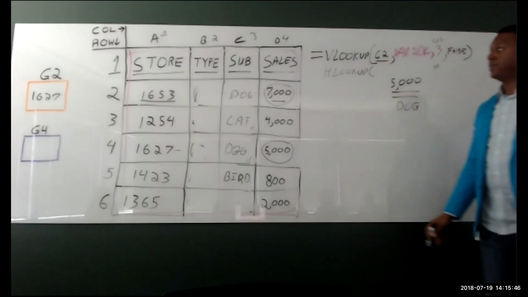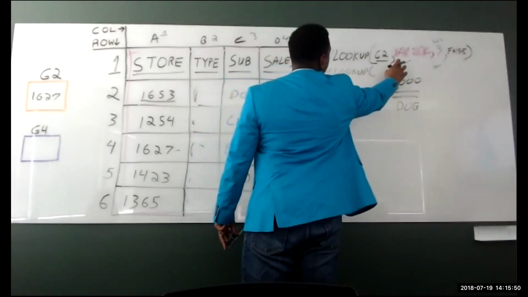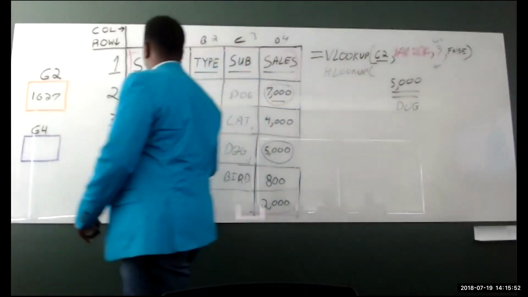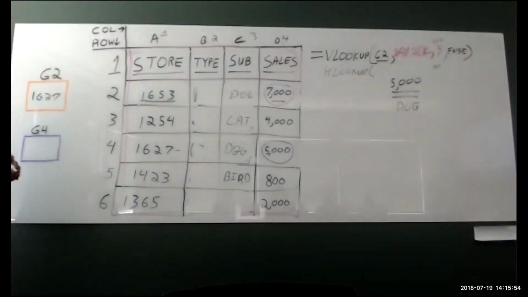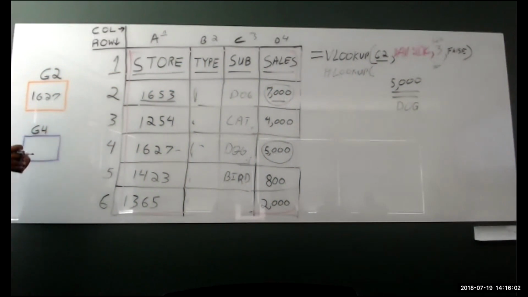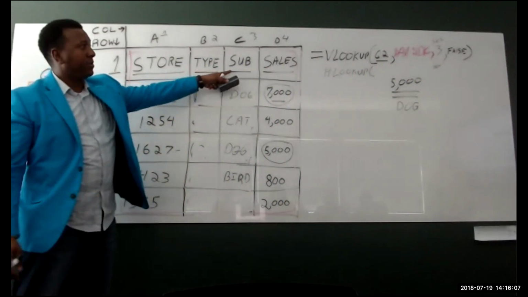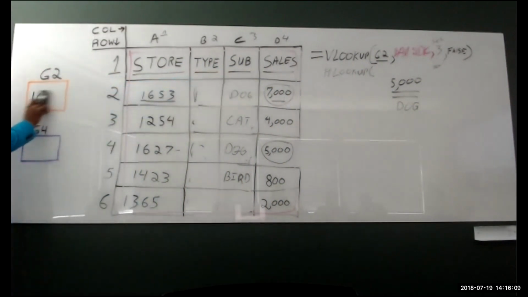So for example, if I have my HLOOKUP, and I got A1 to B6, and with my box here, I wanted to find the sub, okay? So I'm going to change this to sub.